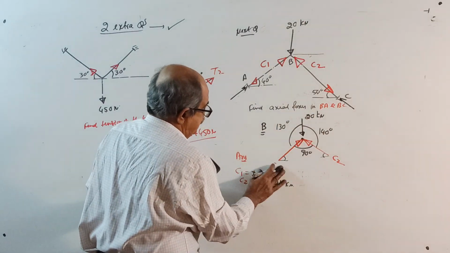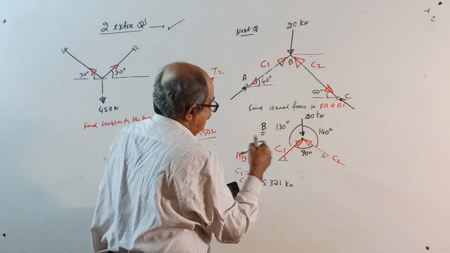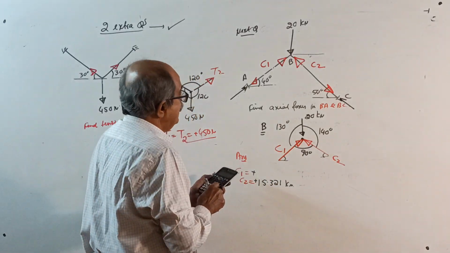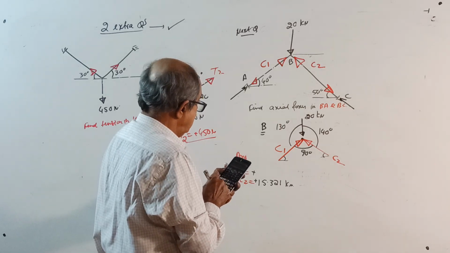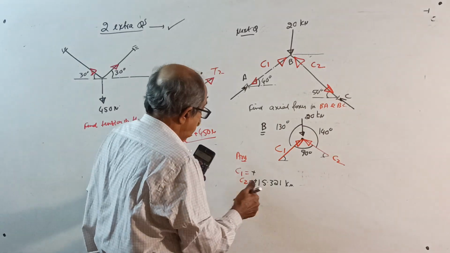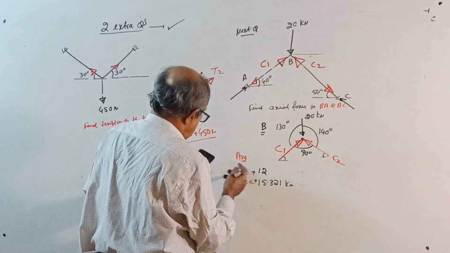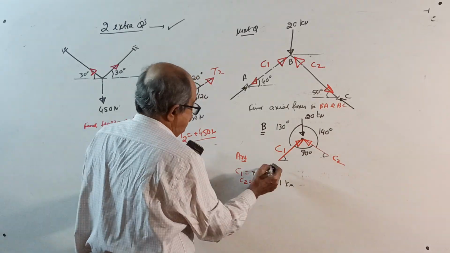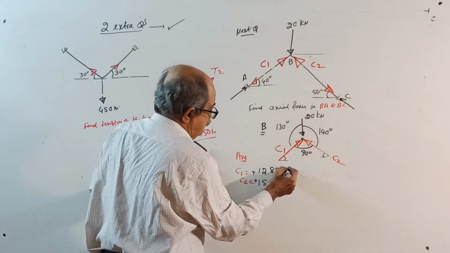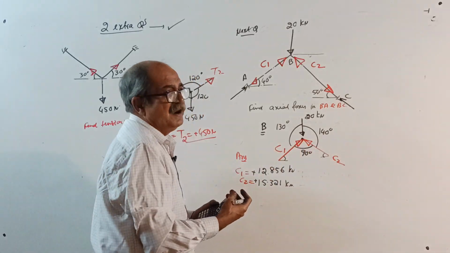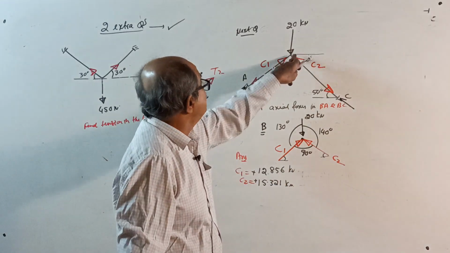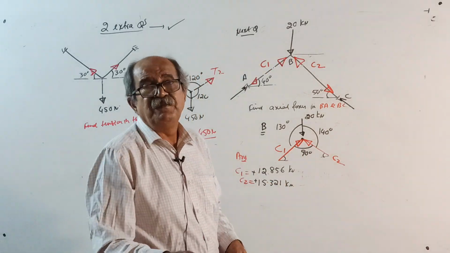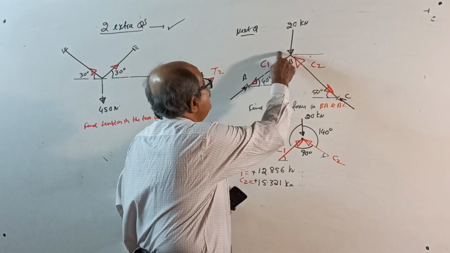This is C1, I put here. And the other one will be 20 into sin 140, 12.856 kilonewton. If you want, solve by equilibrium conditions by forming simultaneous equations, then you have to use this sketch, not this sketch. If you are using equilibrium, you want this angle.